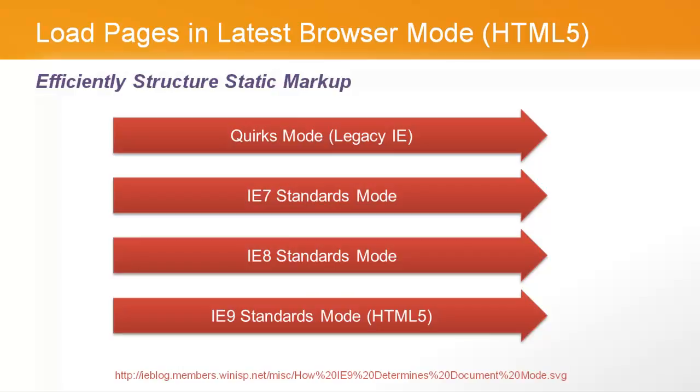So make sure that you code against the latest browser mode, and in Internet Explorer 9 that means HTML5. So from now on, start moving to doctype HTML, which means it's HTML5, and don't bother putting the standards mode. It means that you're going to be working on standards.